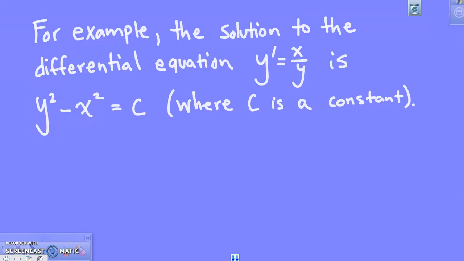So, can you think why y squared minus x squared equals c is the solution to y prime equals x over y? Go ahead and pause the video, see if you can figure that out.